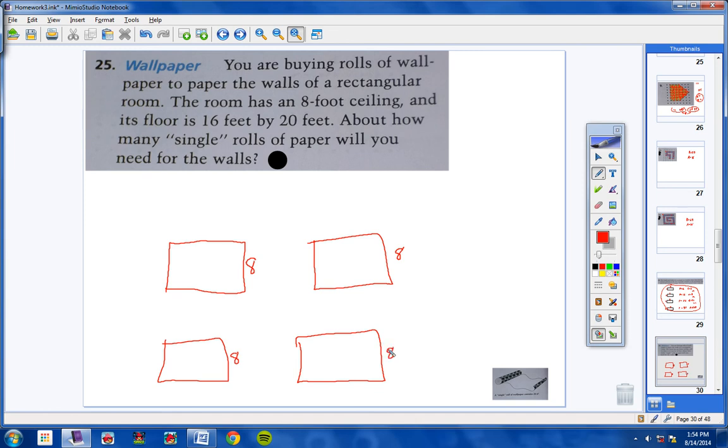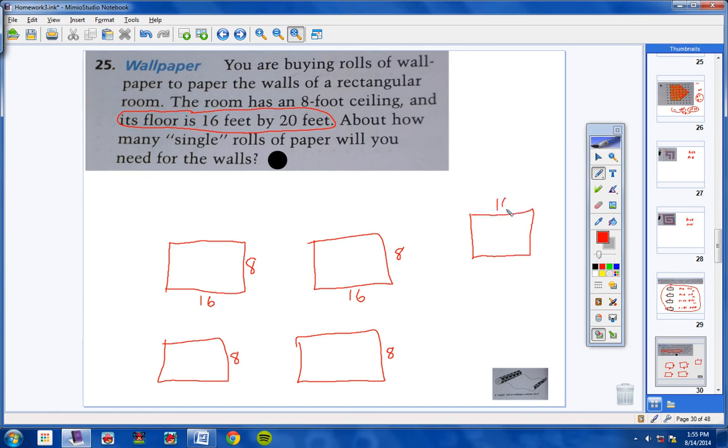Okay? Now the lengths going across are going to be different, because look right here, please. The floor of the room is 16 by 20 feet. So that means when you go across one wall, it's going to be 16 feet. And the wall across from this wall will also have a length of 16. Okay? So pretend you're hanging in the air, staring down at the floor.